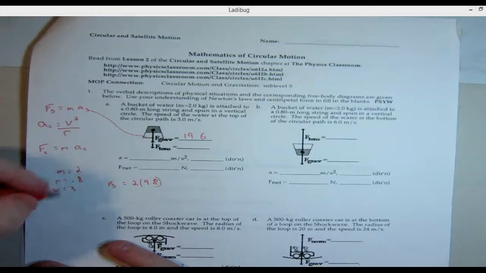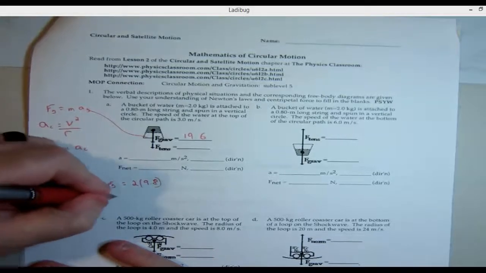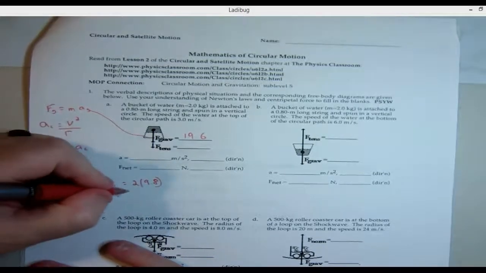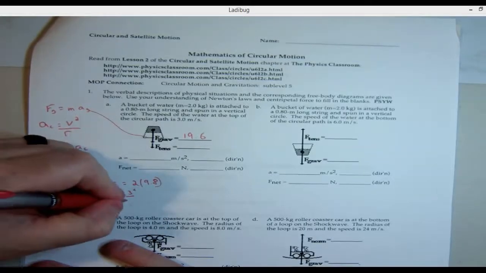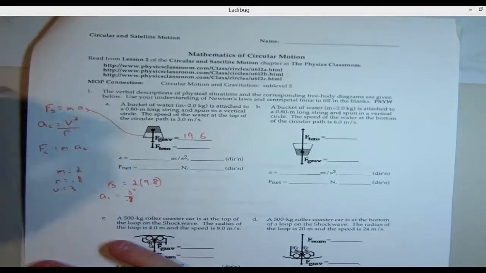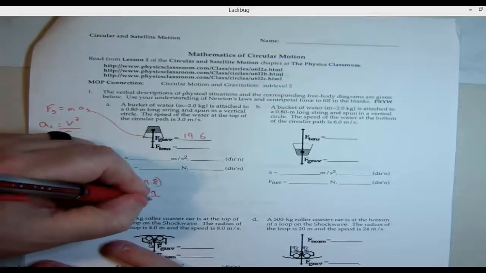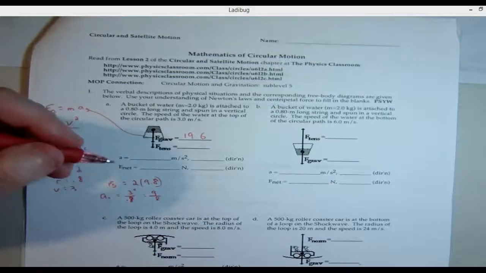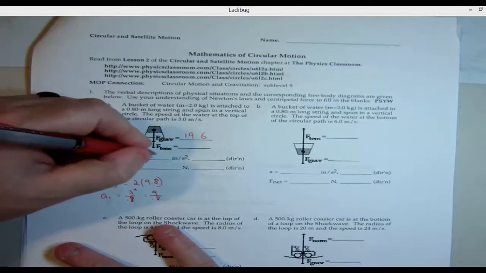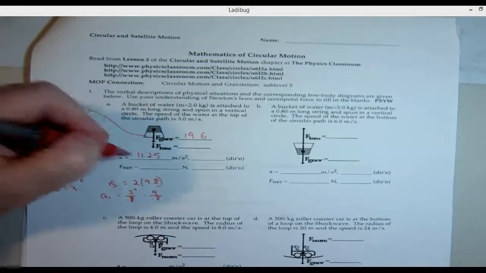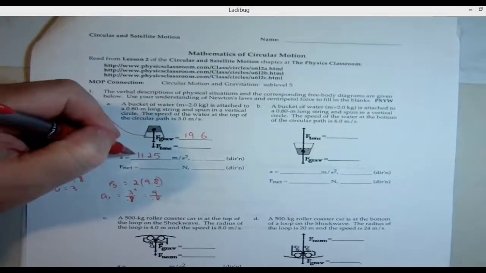Next, let's do centripetal acceleration. Centripetal acceleration equals velocity squared, so 3 squared, over 0.8. People mess this up. They either don't put 0.8 or they don't square it. So it's essentially 9 divided by 0.8. Our centripetal acceleration equals 11.25. And acceleration is always inward.